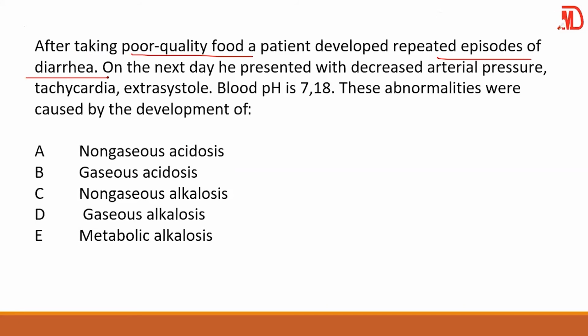So even before we read, you know that this person is suffering from acidosis. So what type of acidosis? I was telling you that we have non-gaseous acidosis or non-gaseous alkalosis. It's the same as excretory acidosis, which should have been the correct one, either excretory acidosis or metabolic acidosis. Excretory, metabolic, or non-gaseous, they all mean the same.